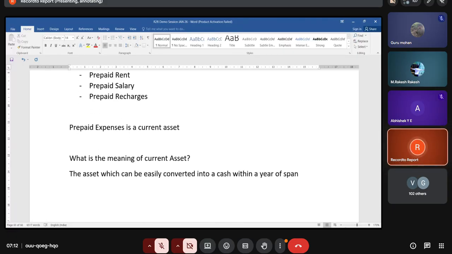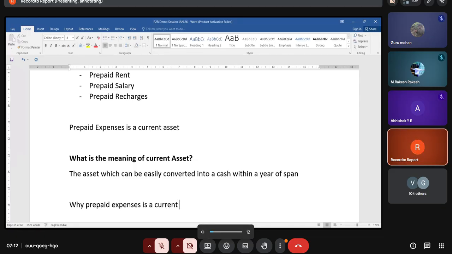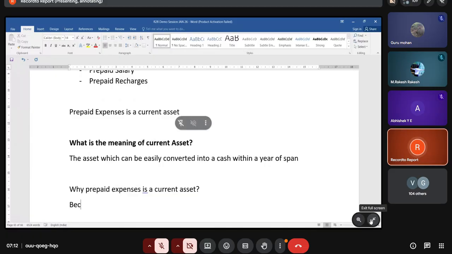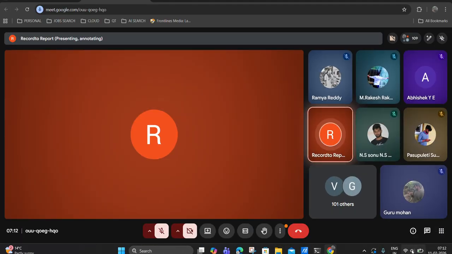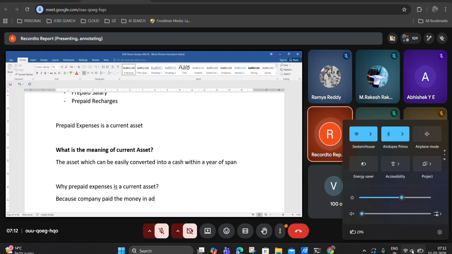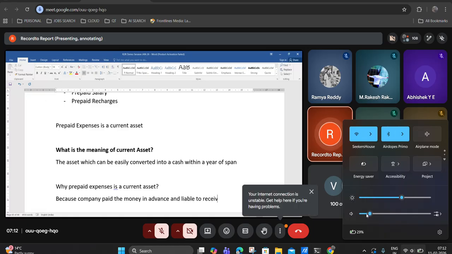So the asset which can be easily converted into cash is called a current asset. Why we need to show this as a current asset is a very big question. Why is prepaid expenses a current asset?